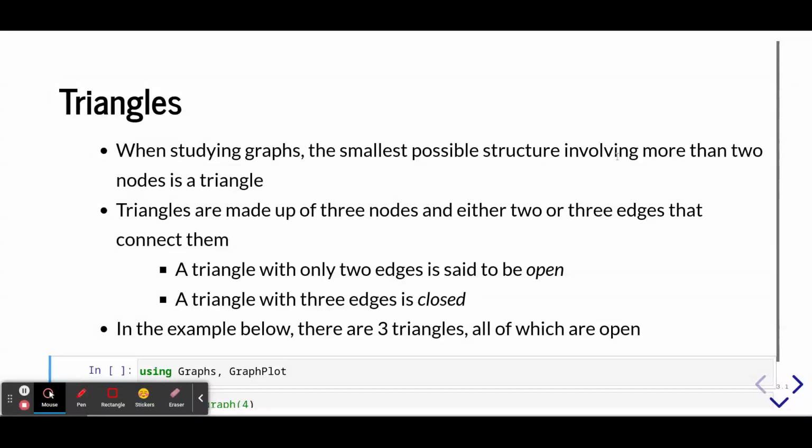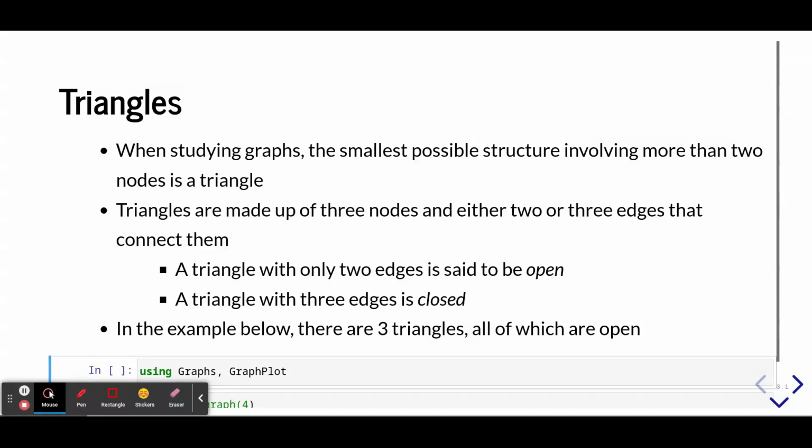Let's spend a few minutes now talking about the structure of a triangle within a graph. Often when we do network science or graph theory, we like to look at the large or the aggregate, and think about how the overall outcomes may be impacted by the structure of the graph.